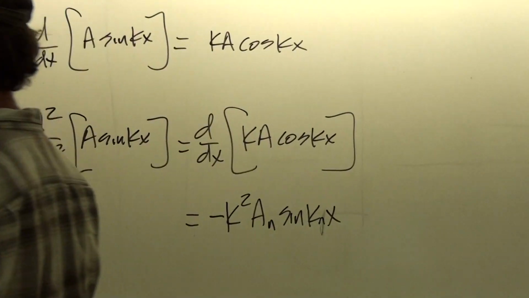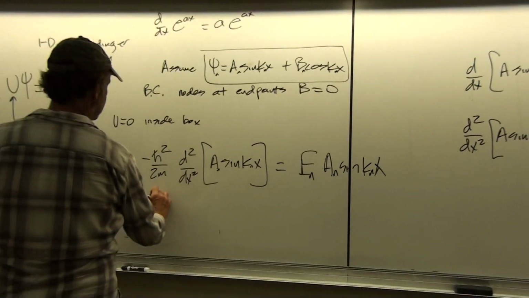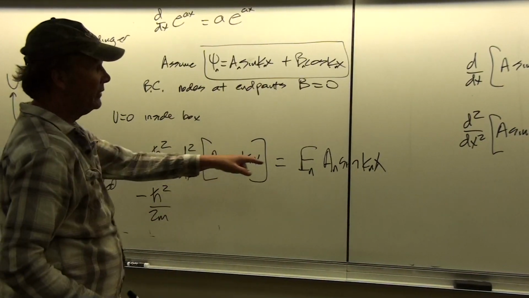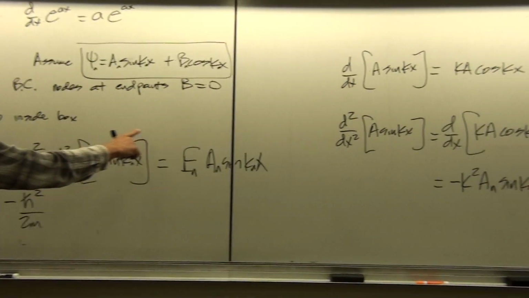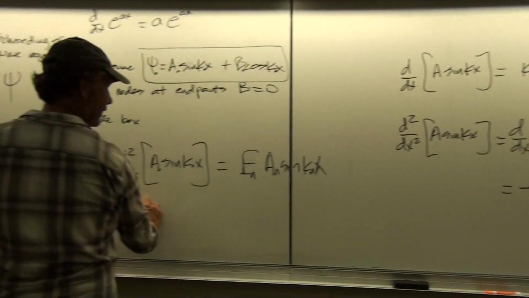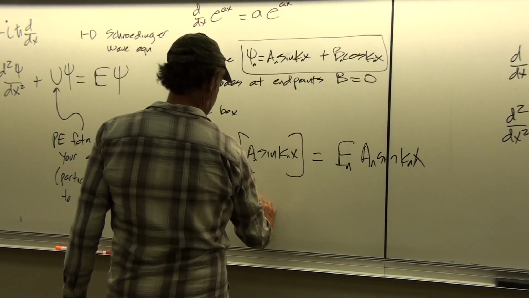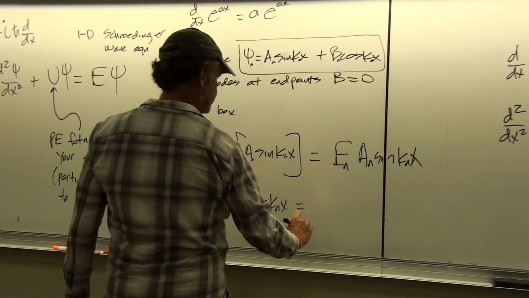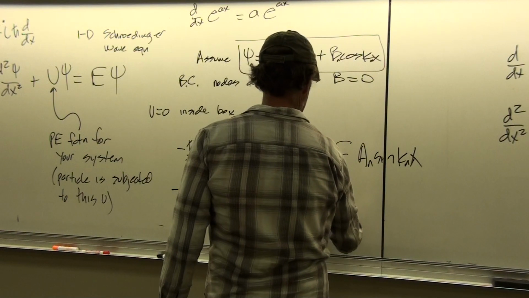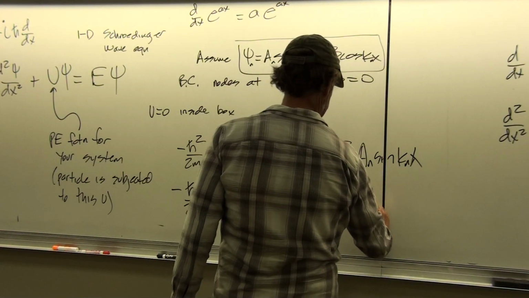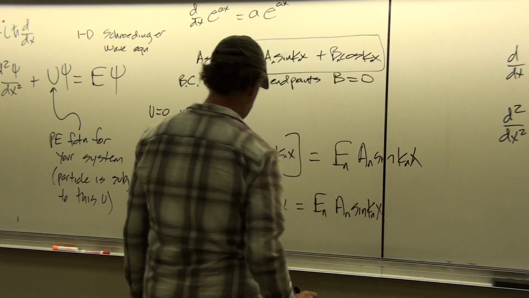So we can write this then as minus h bar squared over 2m, and we have the second derivative, which we just did over there. It's going to be minus k squared A_n sin(k_n x) is equal to E_n times A_n sin(k_n x).